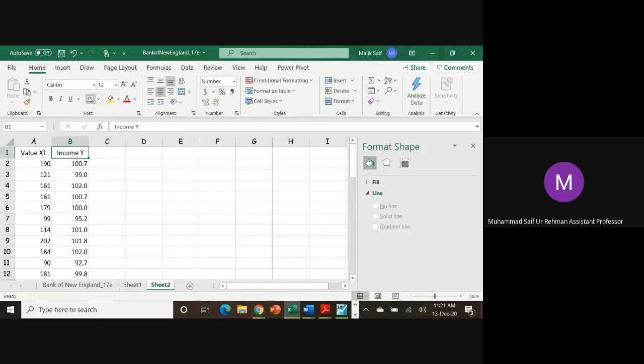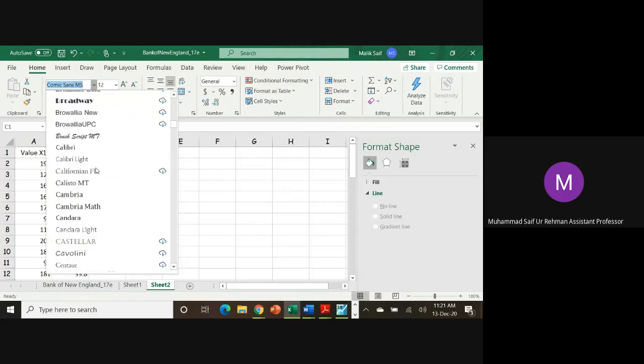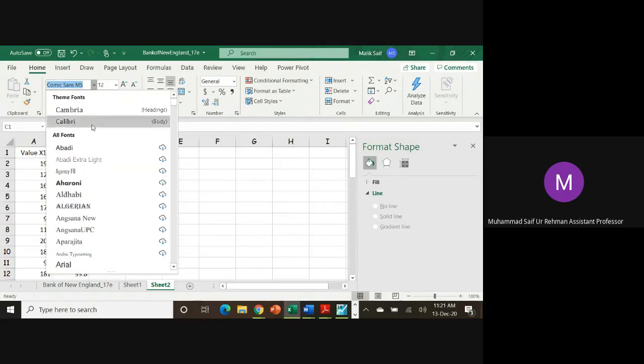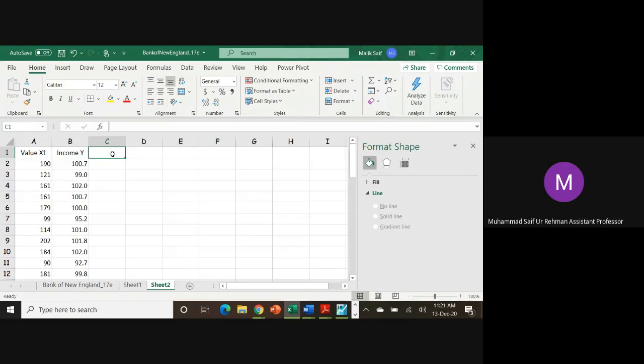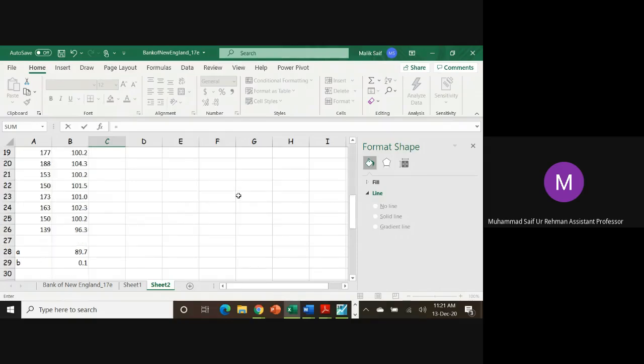It is Calibri, the famous font, so use Calibri so that the y remains the same. So capital Y hat will equal alpha, in this case a and b. So a plus b x1, a plus b x1.